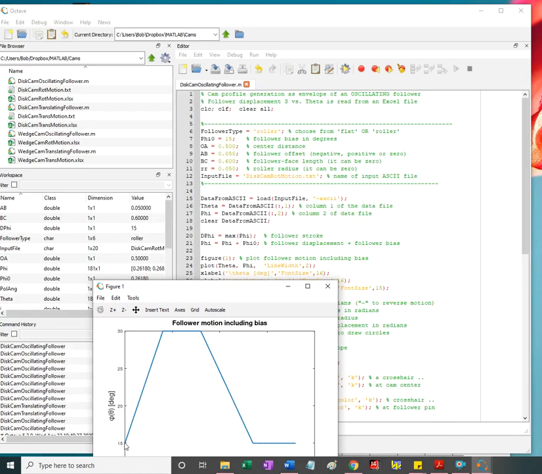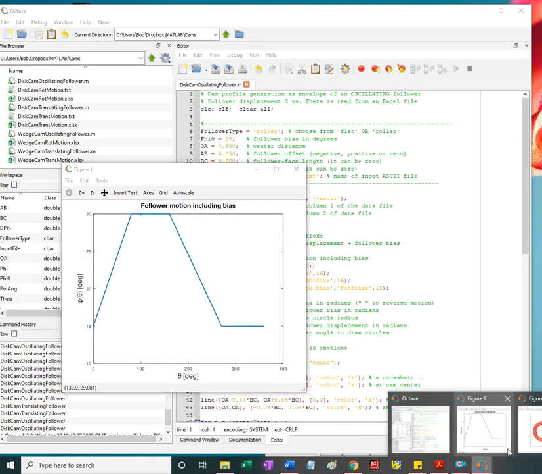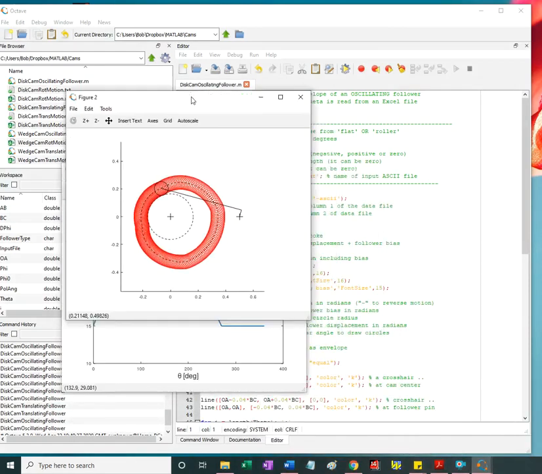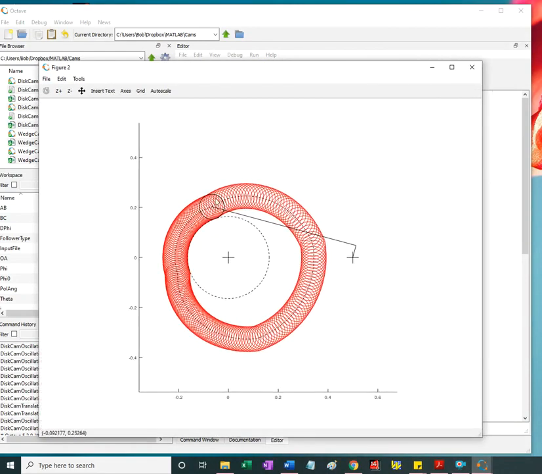So it's reading angle theta and follower displacement, and then you select the follower bias and the other parameters, like roller radius. Again, you need to reconcile these with your design, and it's going to do for you the cam profile like so, even showing the roller in the initial position and the follower.